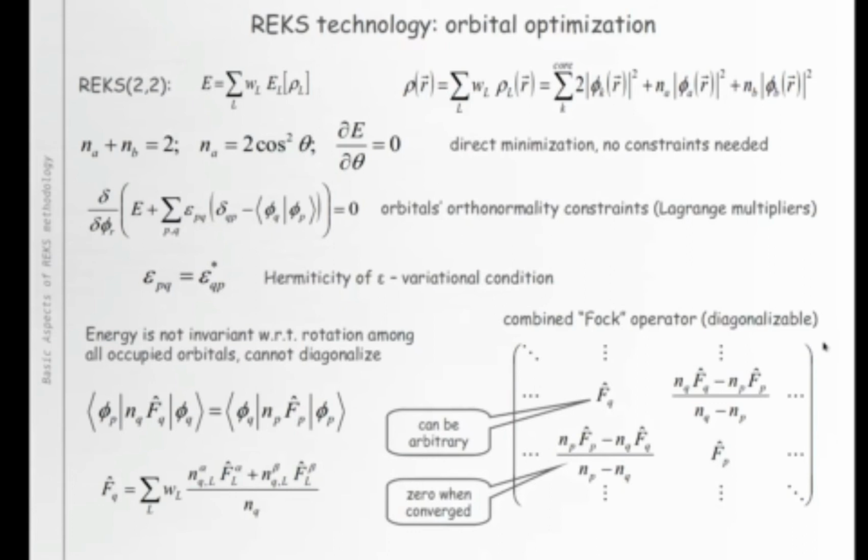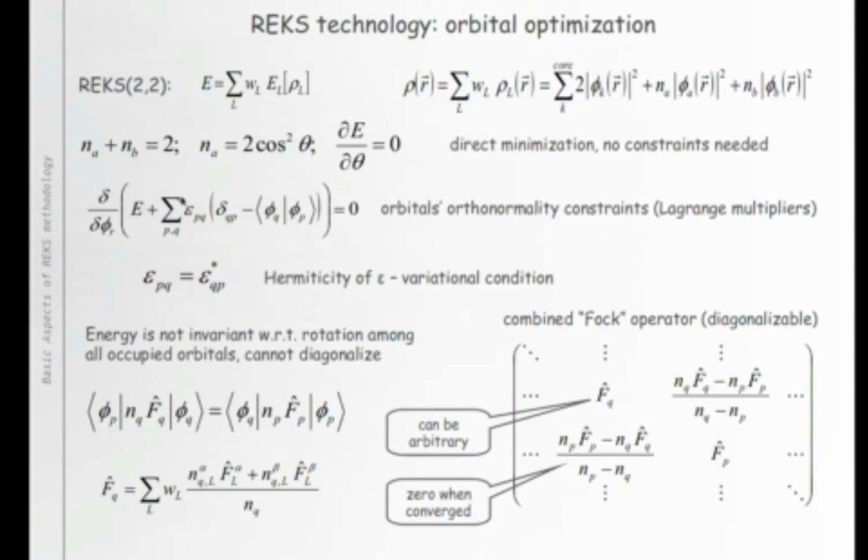What's important is that this is the open-shell SCF methodology. When I impose this orthonormality constraint, the matrix of Lagrange multipliers can always be made diagonal in the case of closed-shell Kohn-Sham systems, the standard single-determinant Kohn-Sham. Here it cannot be made diagonal.